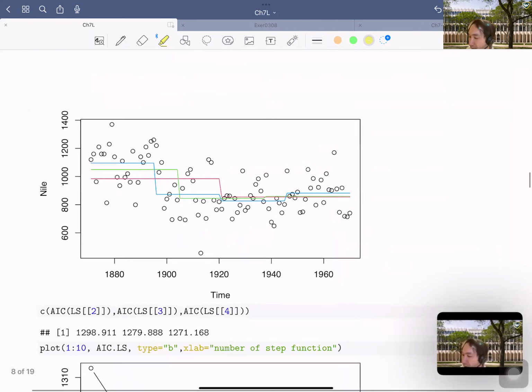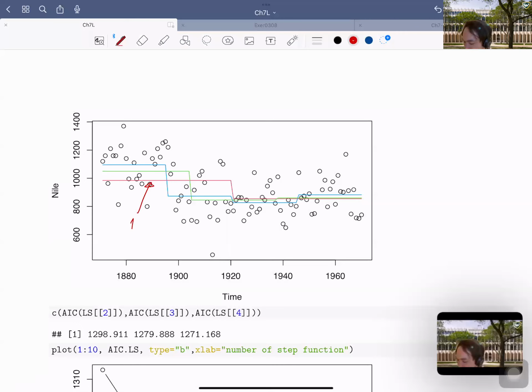So the red one, you can see, has 1 knot. The green one has 3 levels, so it has 2 knots. And the blue one has 3 knots. So which is the best? It's not clear, but of course the fit is better if we have more levels. Maybe the blue one. If we look at the blue one, it makes some sense.